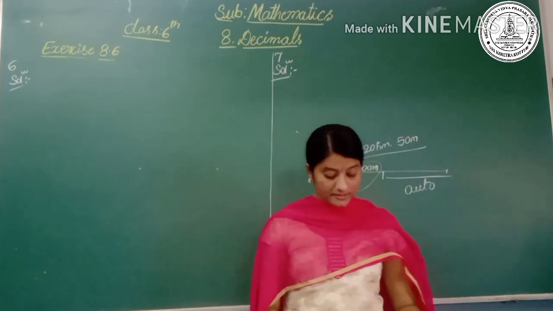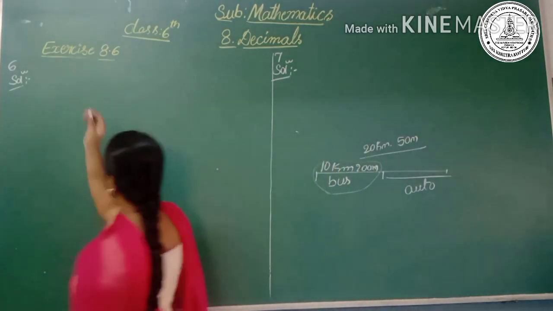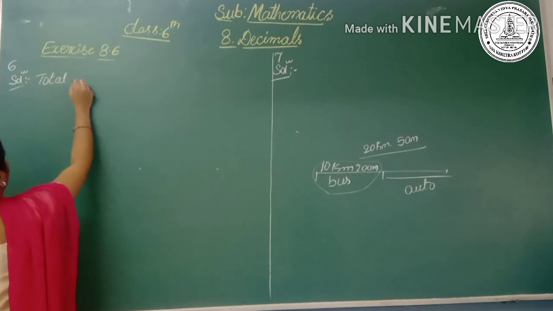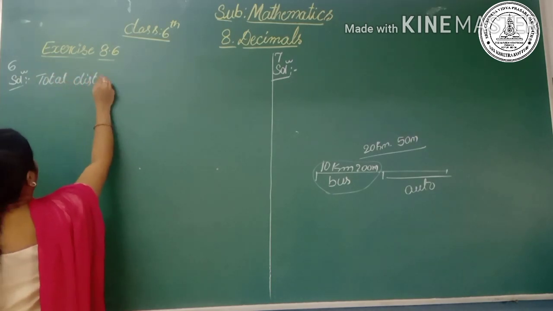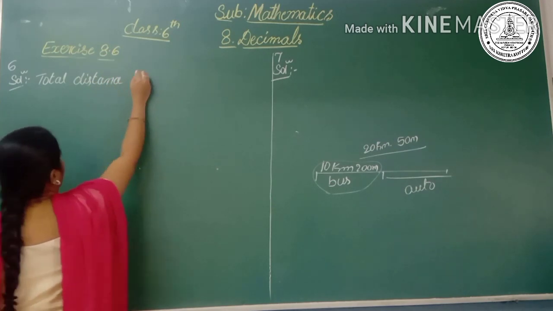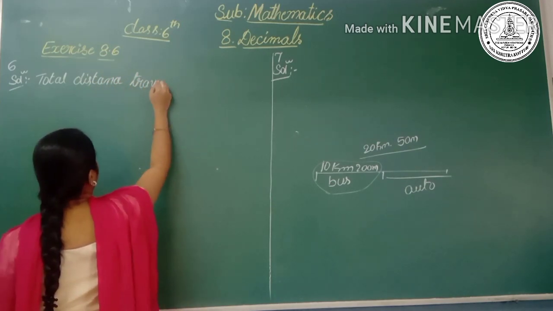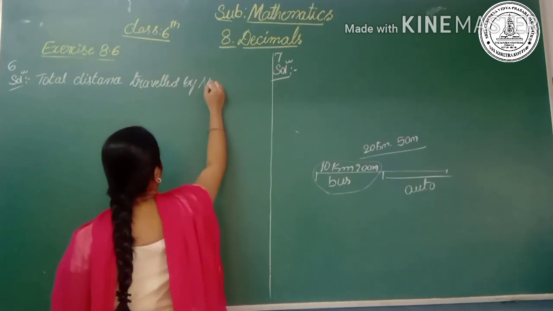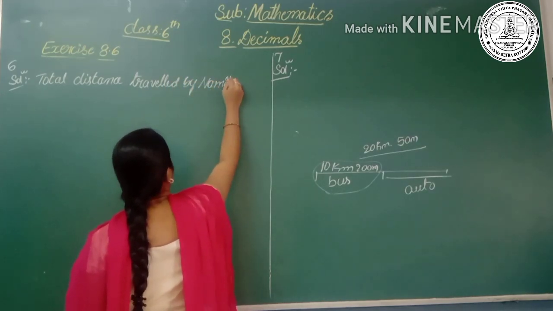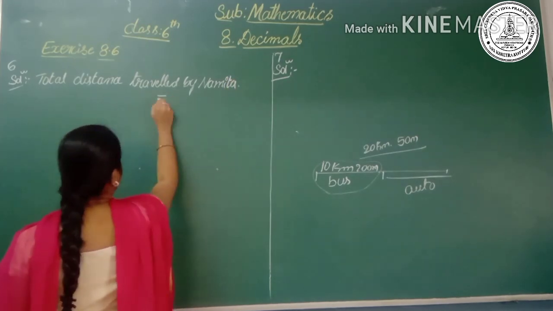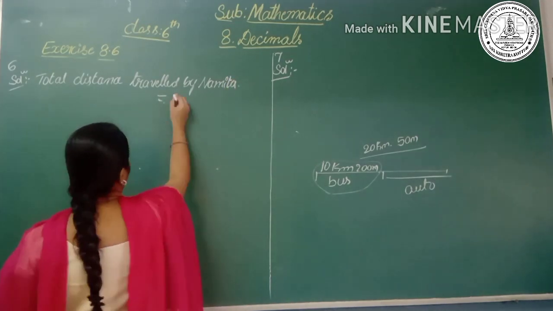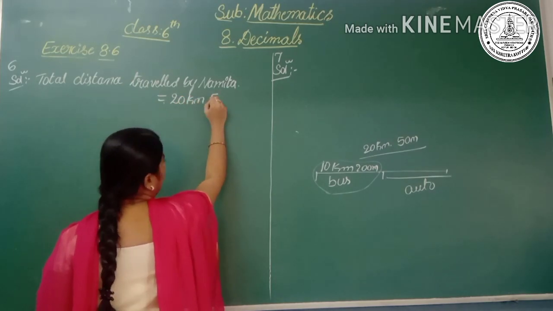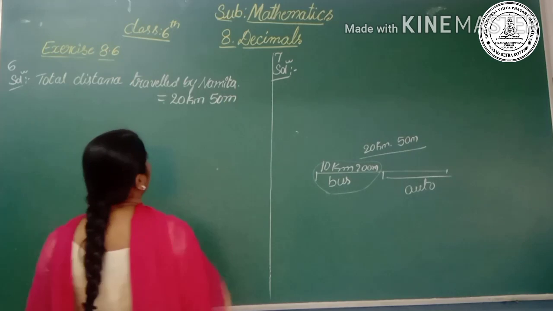The total distance traveled by Namita is equal to 20 kilometer, 50 meter.